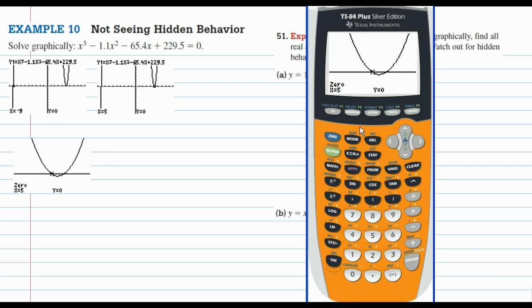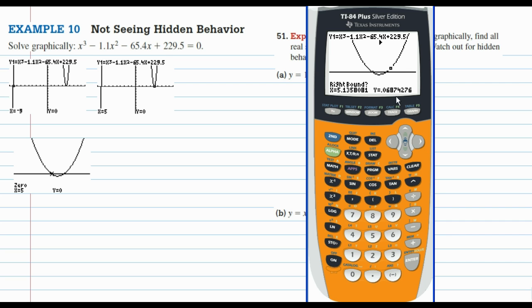But there's another one. Second calc 0 is number 2. I'm going to go to the left of this 0, which is going to be below the x-axis, but I've got to make my way closer to it, so I'm actually going to hit the right arrow to be left of the 0. I know that's weird. So hit enter. Now I need to go to the right of it, so I'm going to hit the right key again.